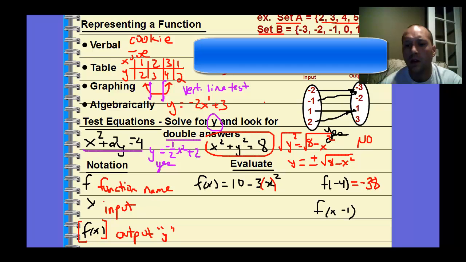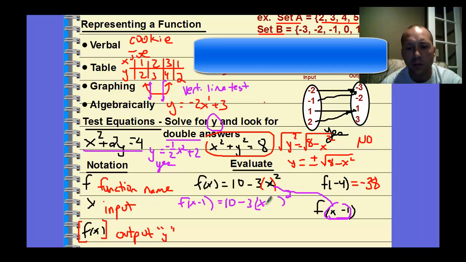The other problem here, f of x minus 1, is actually having us punch in a quantity for x. So when I write f of x minus 1, it's equal to 10 minus 3 times x squared, but we're plugging this whole thing in for x.